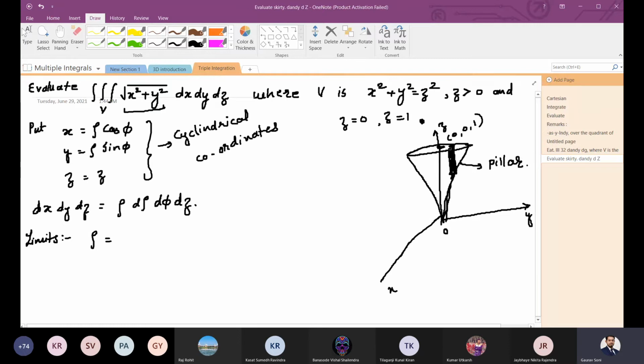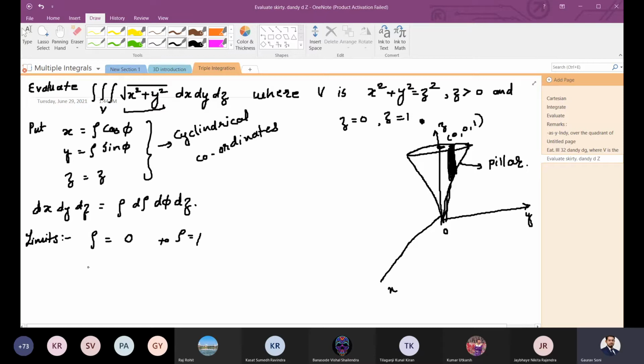So what is the minimum distance from the z-axis which is in your volume, and what is the maximum distance that you can go far from the z-axis? Can you answer this? Rho equal to 0 to 1. Exactly. If you look at the upper end of your cone, the last point is at distance 1 unit. So rho is running from 0 to 1.